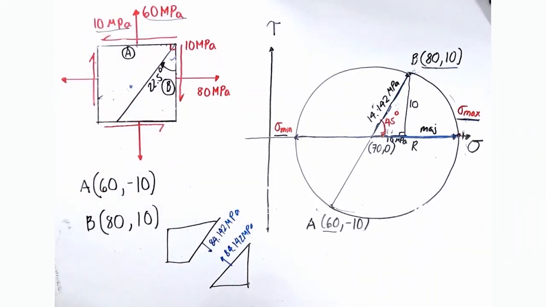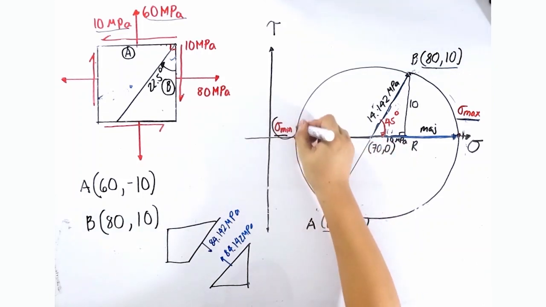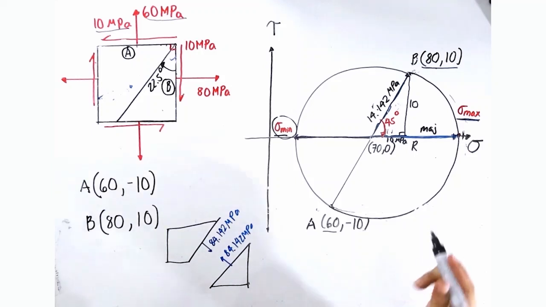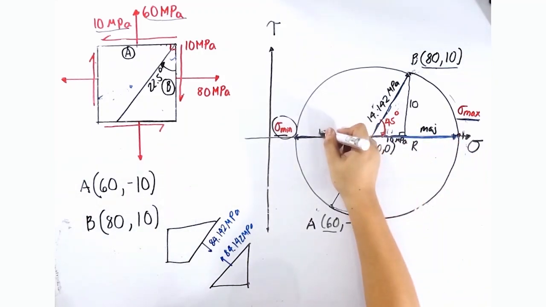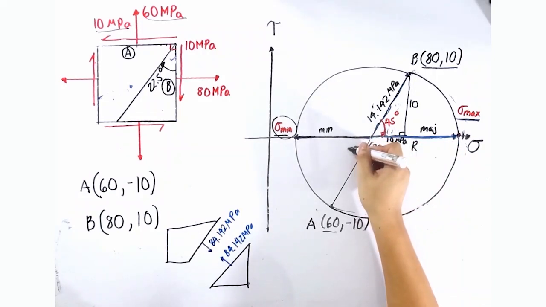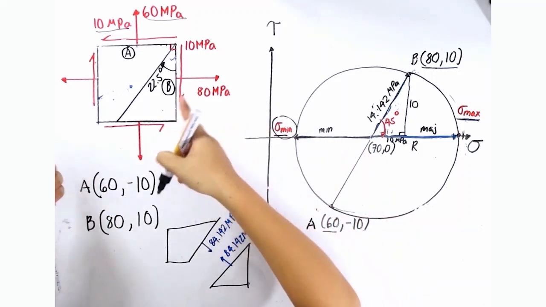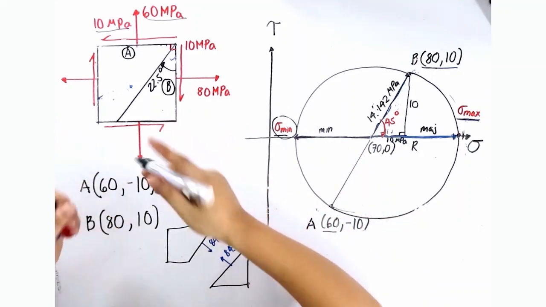And you want also to get where is the minor principal plane. This radius is the one pointing to the sigma min. Meaning to say, from major going to minor principal stress, that is a 180-degree rotation. So if you're going to transfer that 180-degree rotation in the state of stress, it will be just half.